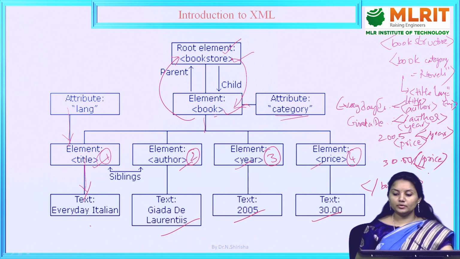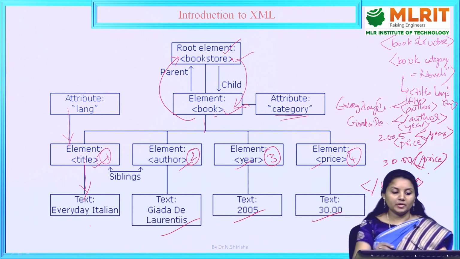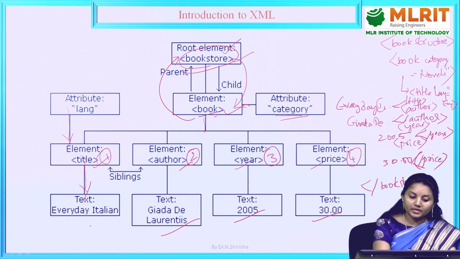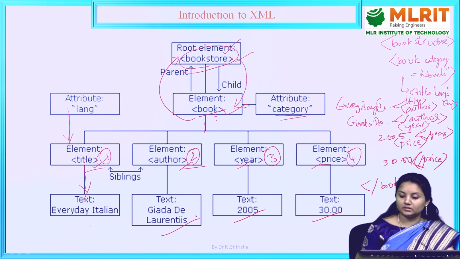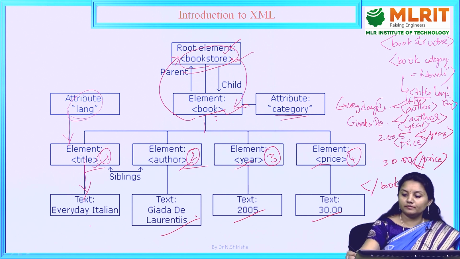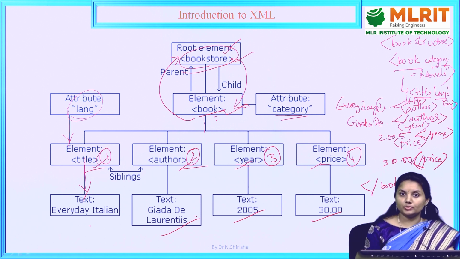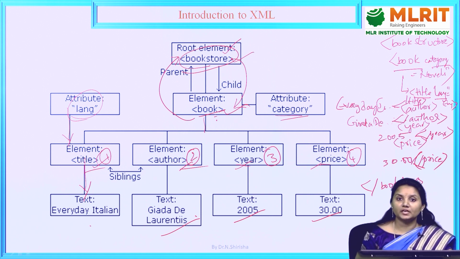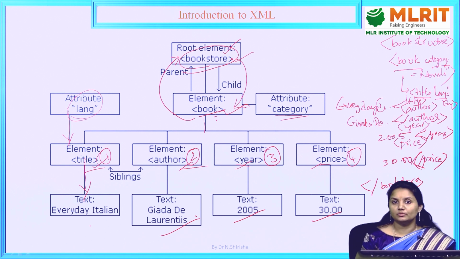So what we are doing here is showing what is a root element, what is a child element, what are the subchild elements, and what are their attributes. If you see, all these are the sub tags. Where you give an attribute inside, suppose title, lang is the attribute, and for book, category is the attribute. So this is how we can define user defined attributes for your elements, for the tags that you are going to define.